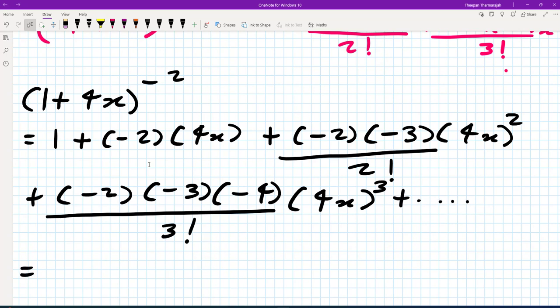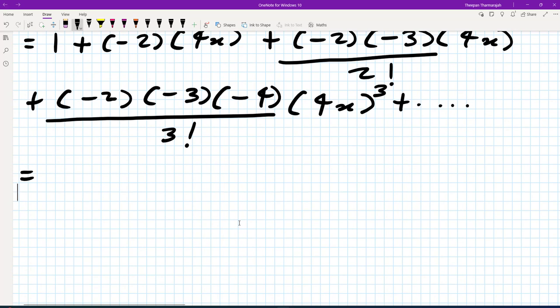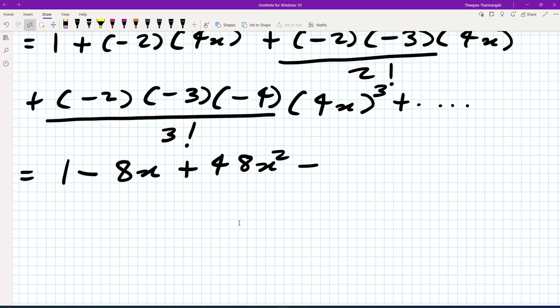Then we can simplify all of that on a calculator, and we're going to end up with the following: 1 minus 8x plus 48x squared minus 256x cubed, plus other subsequent terms.